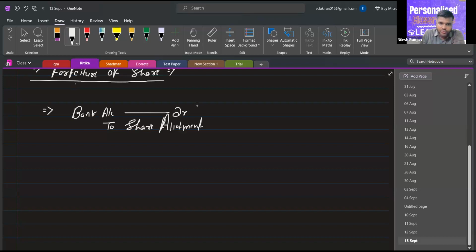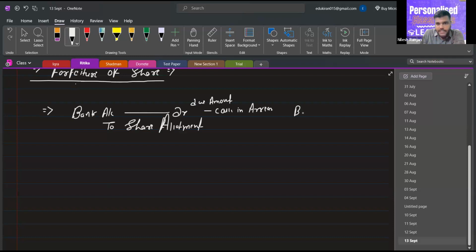Okay. So due amount minus calls in arrears.